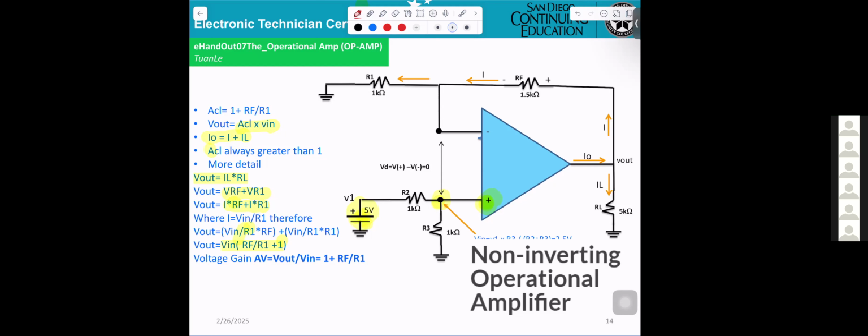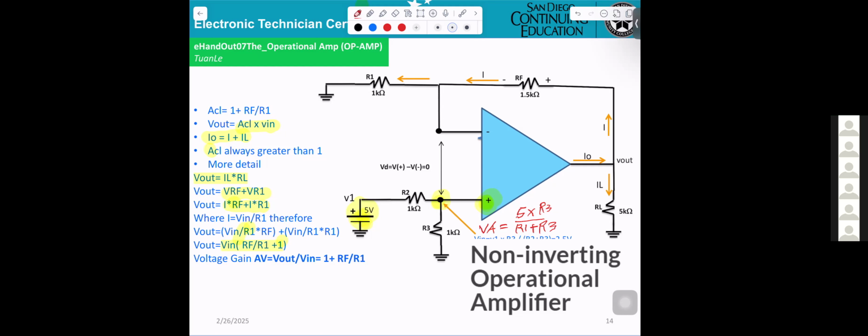I can say VA, for example, equals 5 times R3 divided by R1 plus R3.